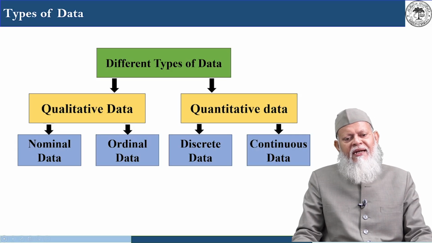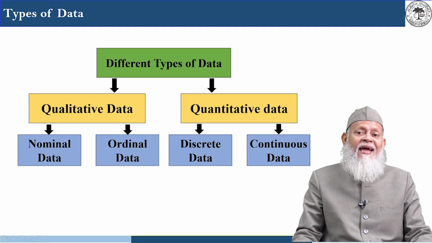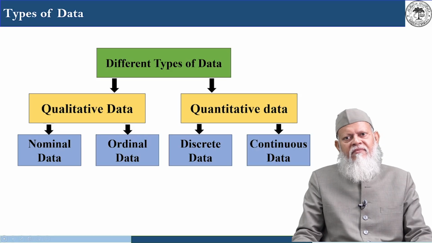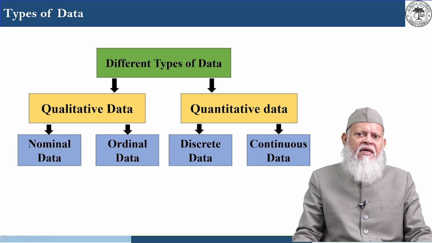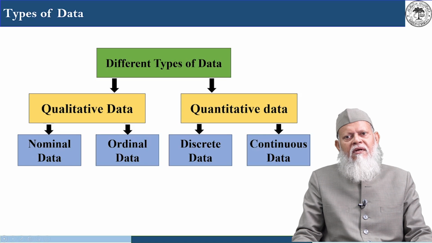Whereas the ordinal data ranks, it gives the ranking, whether commodity A is preferred to commodity B and commodity B is preferred to commodity C and so on. It's like that. We get the ranking of the data.